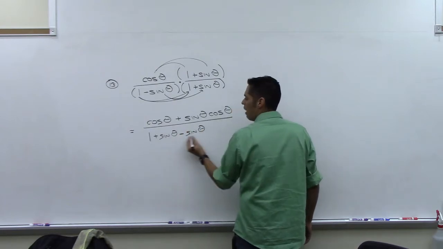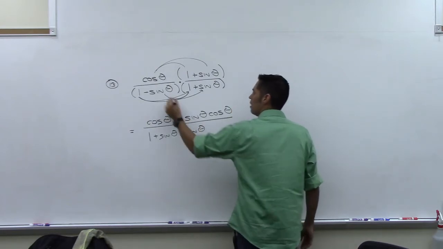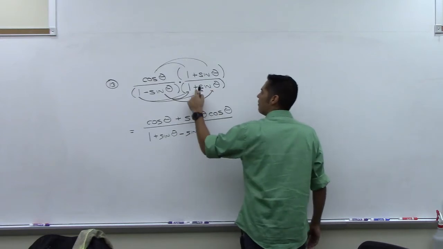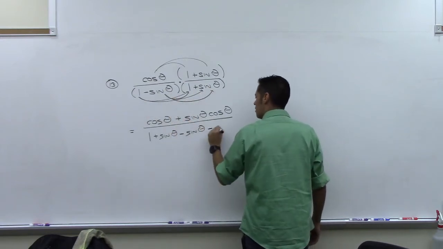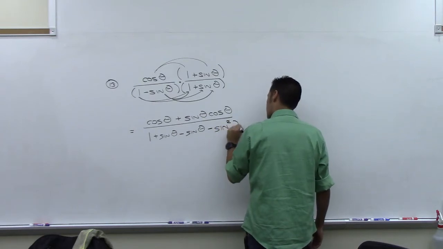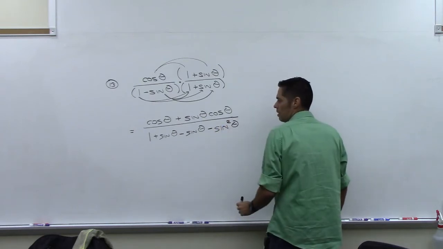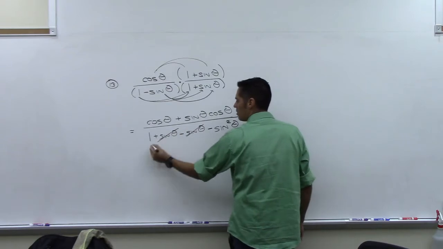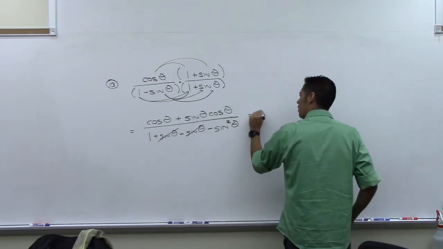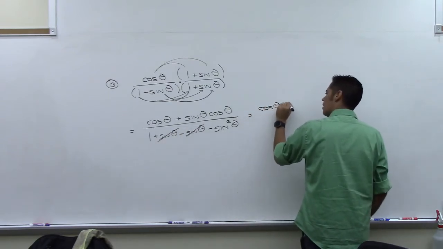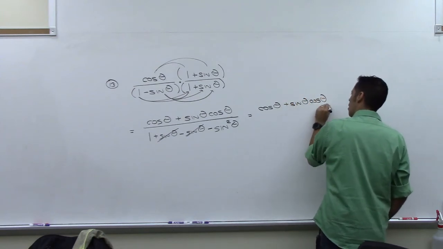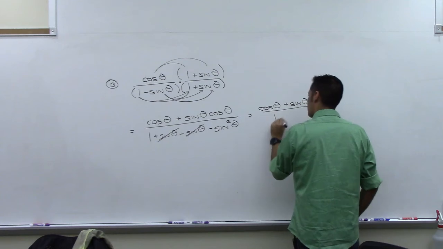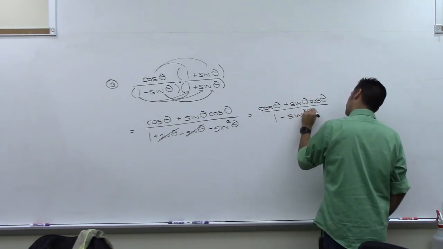And notice these two are opposite in sign, so they're going to cancel. But my last term, I have a positive times a negative, which means I have a negative, and sine times sine is sine squared. So I'm going to write 1 minus sine squared theta, like that. Like I said before, these signs cancel, and so what you're left with is cosine theta plus sine theta cosine theta, all over 1 minus sine squared theta.